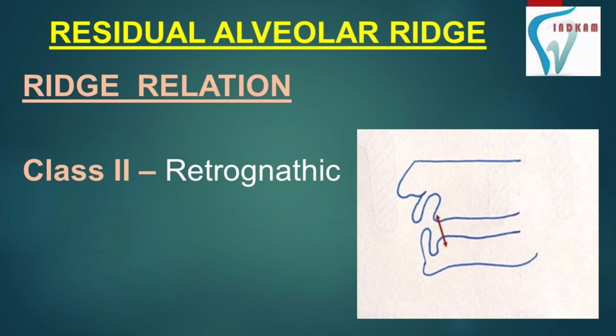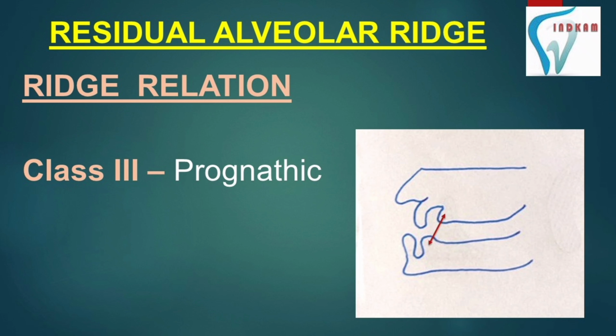Class 2 is retrognathic. In this, the maxilla is ahead of the mandible, or you can say the mandible is a little bit posterior to the maxilla. You can see in the diagram. Class 3 is prognathic, in which the mandible is ahead of the maxilla, as you can see in the diagram.